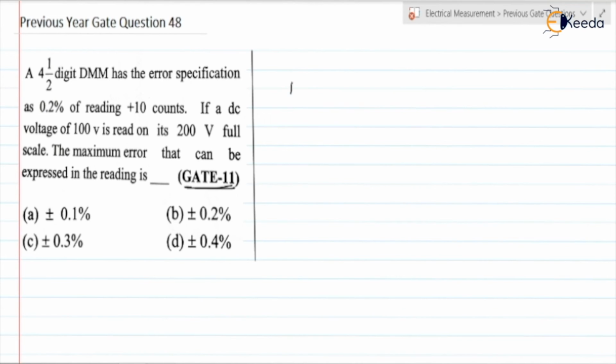So we know error is equal to 0.2 divided by 100 of reading they have given. What is the reading? It is 100, plus 10 counts, so 10 into each count, which will be 0.001.